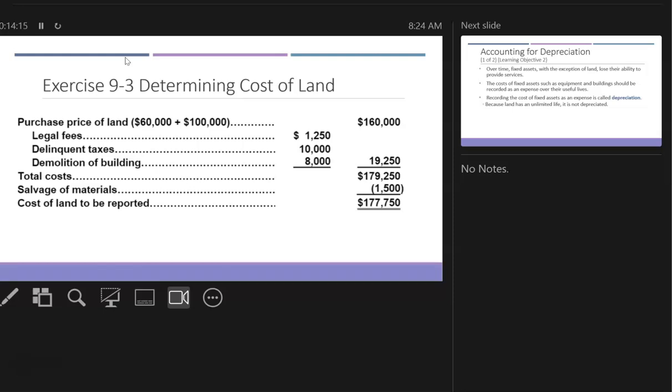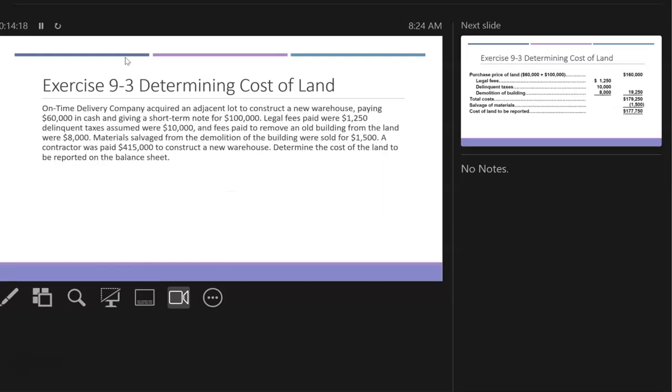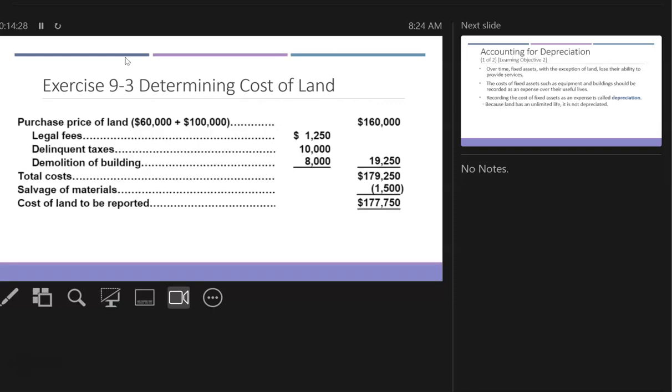Well, it's going to be the purchase price of the land, which was the $100,000 plus the $60,000. So they gave $60 in cash and took out a note of $100. So the whole land was $160. The legal fees, the delinquent taxes, and demolishing the building will all get added to the cost of the land. The amount that they received for selling some of those salvaged materials will get subtracted from the land cost.